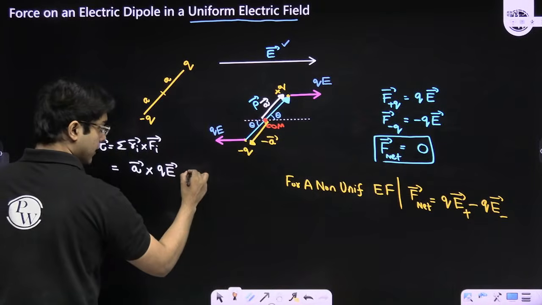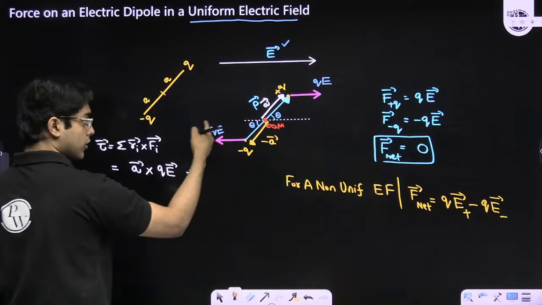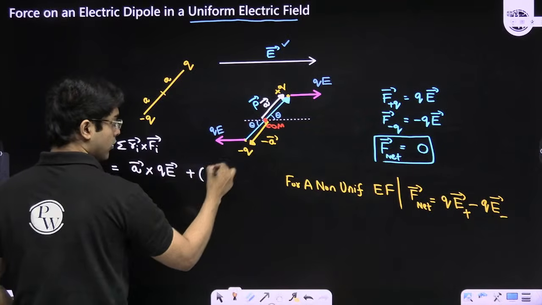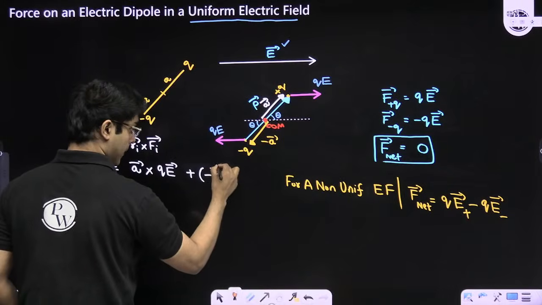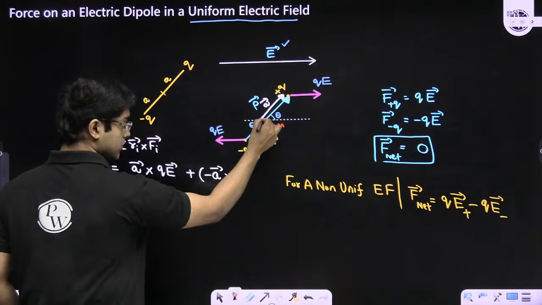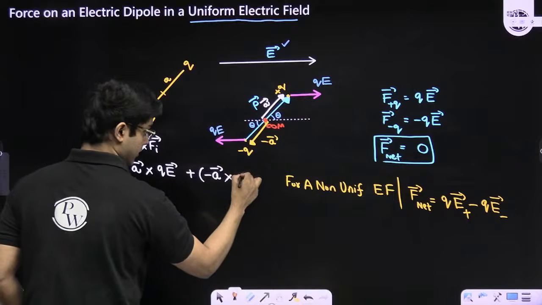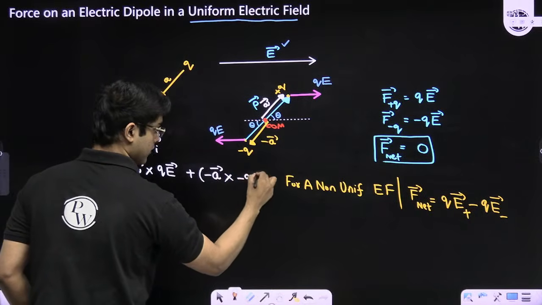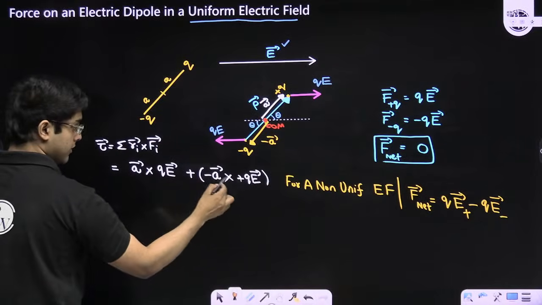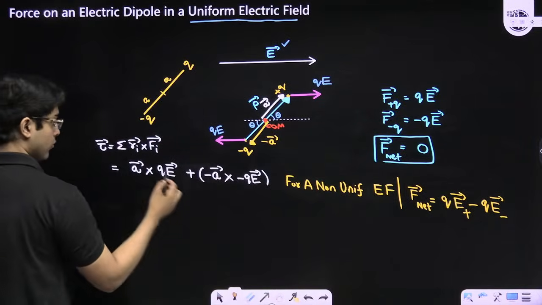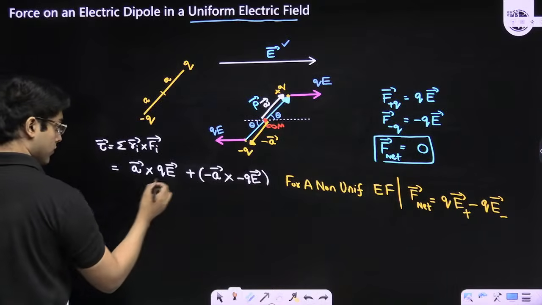Now the torque due to this force. Here, what is the position vector? Minus A vector, cross, what is the force? Minus qE vector. So minus and minus will make this plus. So this is A cross qE, and this is also A cross qE.